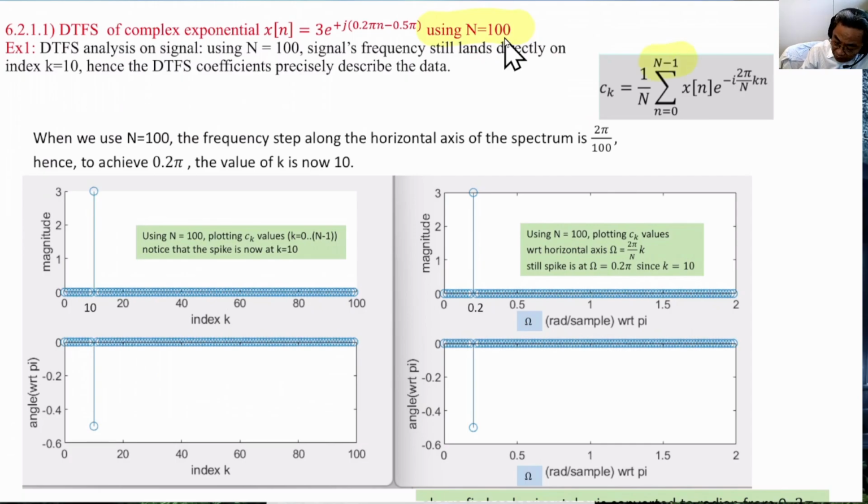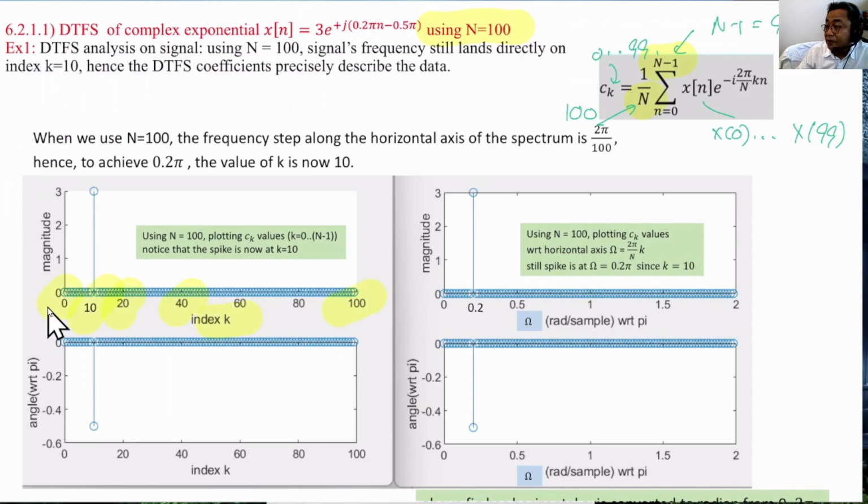Then I substitute here: this will be 100 and this will be N minus 1, so 99. I have x[0] until x[99], and I write a for loop again to compute for k equals 0 to 99.